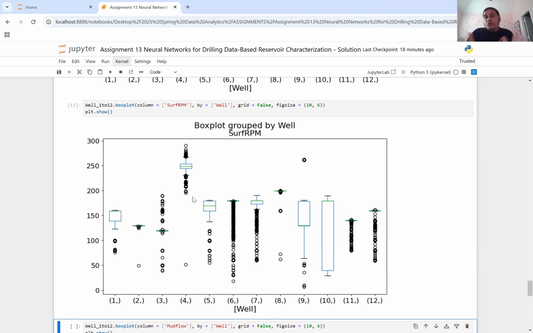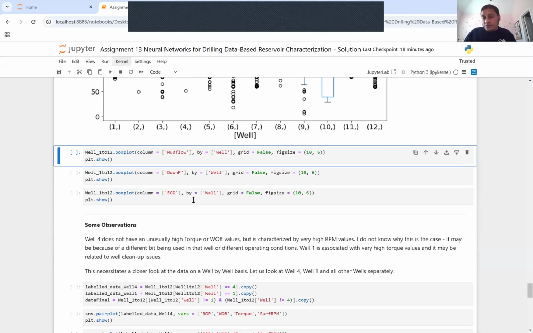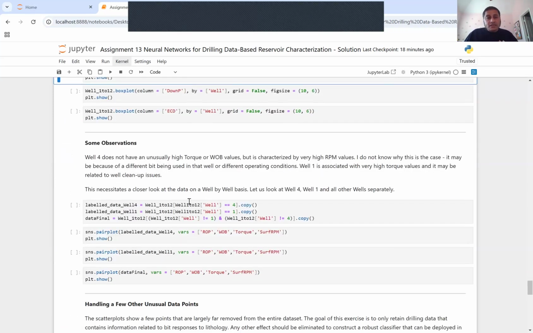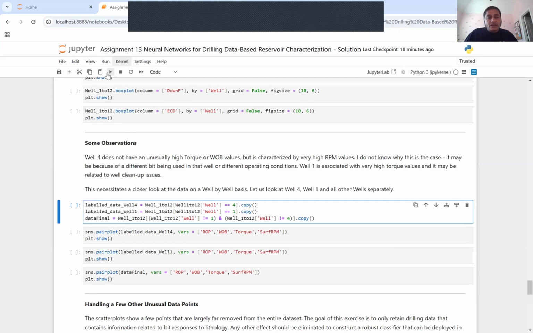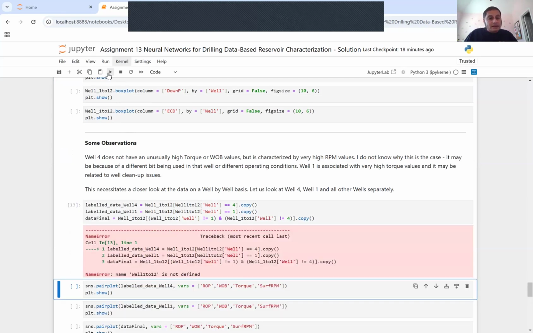And maybe if we don't find an answer for that, maybe we should remove well 4 from the data set just because the operating conditions are different. Okay, and you can also look at the equivalent circulating density and downhole pressure and mud flow and everything else. Let's take a closer look at well 1, well 4, and the entire data set.